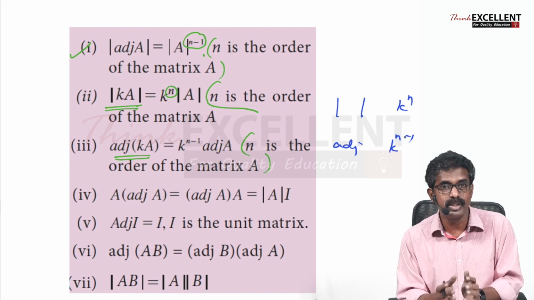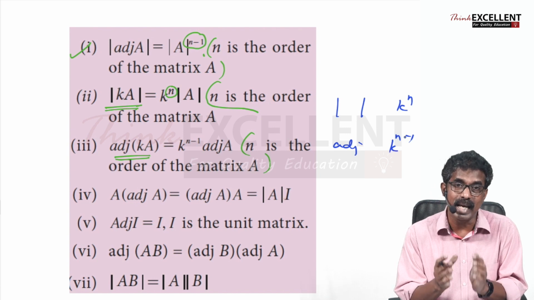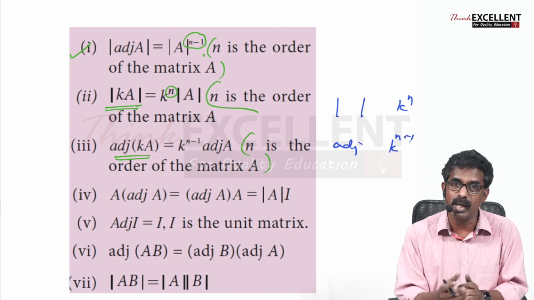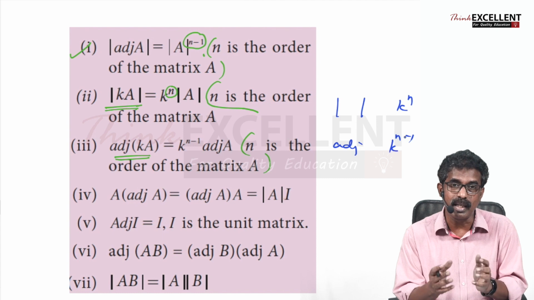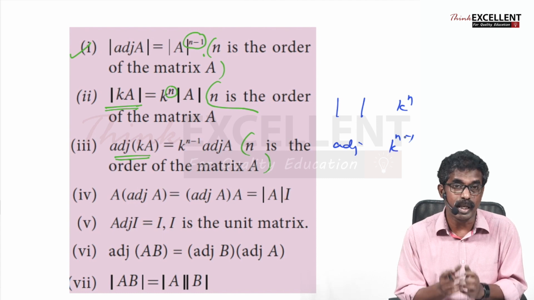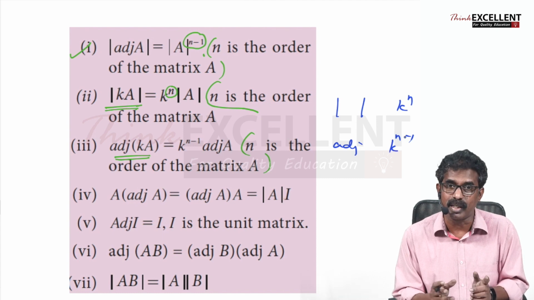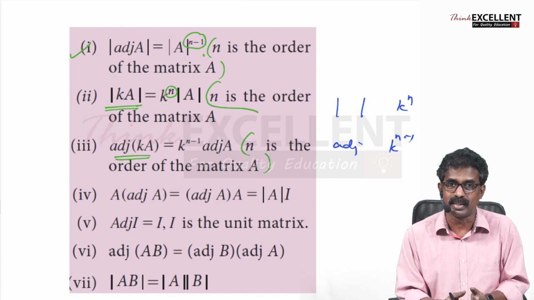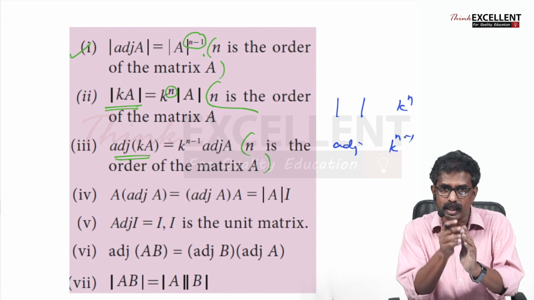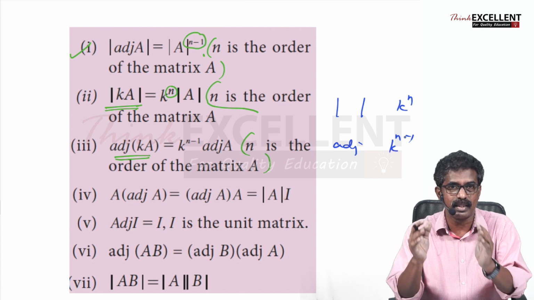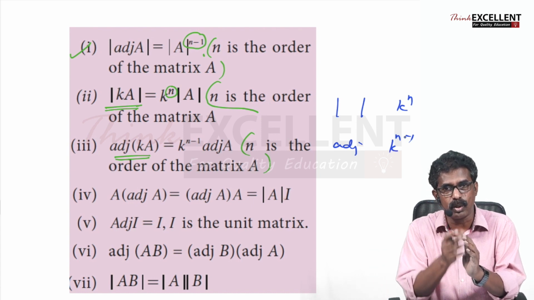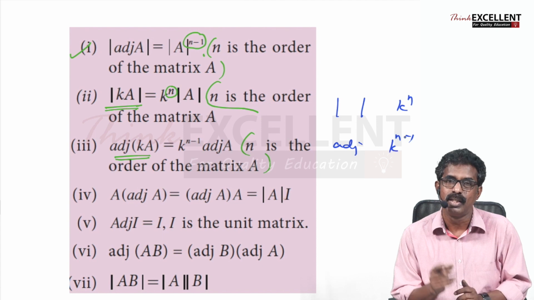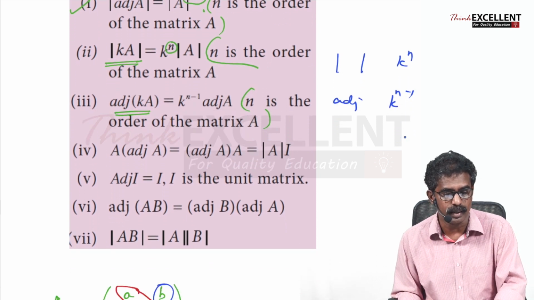But when you find adjoint, if the order is n, k raised to n minus 1. If the order is 3, k raised to 2. You reduce one power for adjoint. The reason is when you take adjoint, we take cofactors. Cofactor means you leave one row, one column, we take the remaining only. If it is a 3 by 3, it becomes 2 by 2, right? So order becomes reduced by 1.